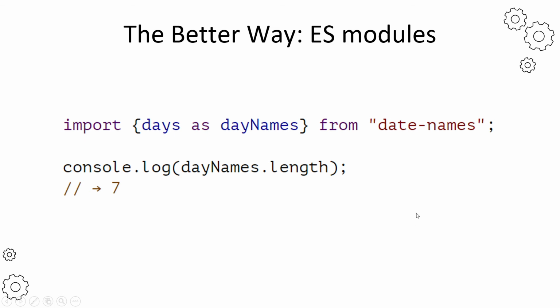And next, we can also change the name while importing. So in this example, we import days. Days is from the day names module, and then we rename it as day names, and we can just use day names in our code.